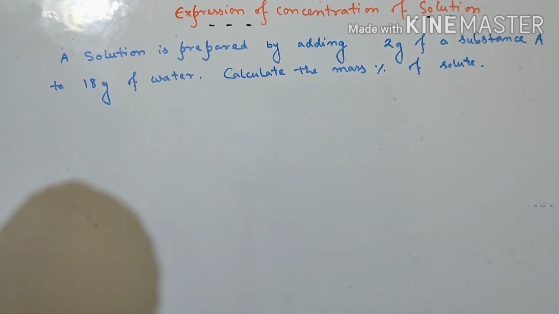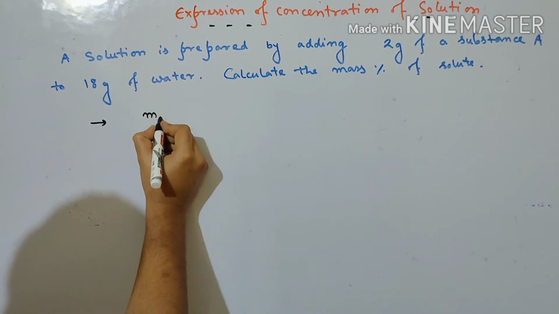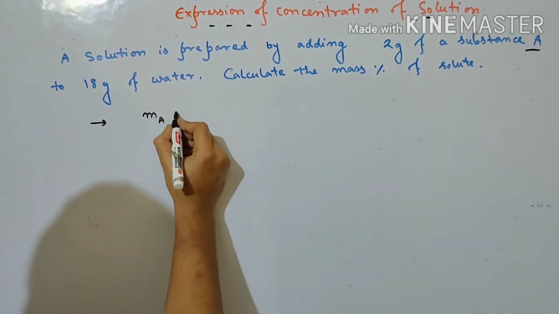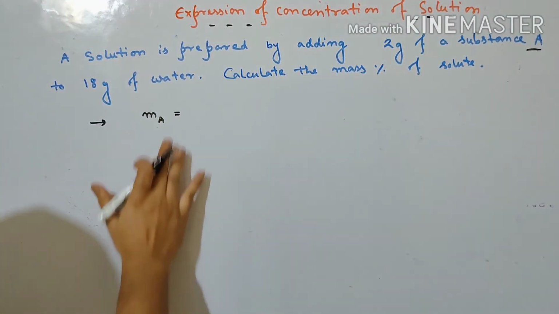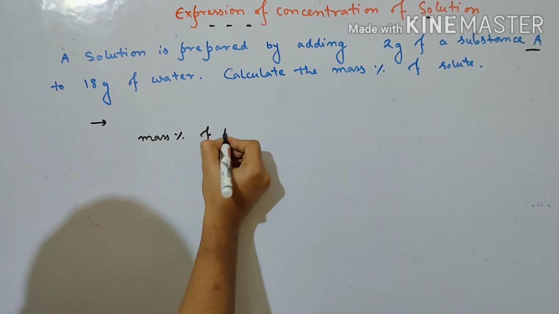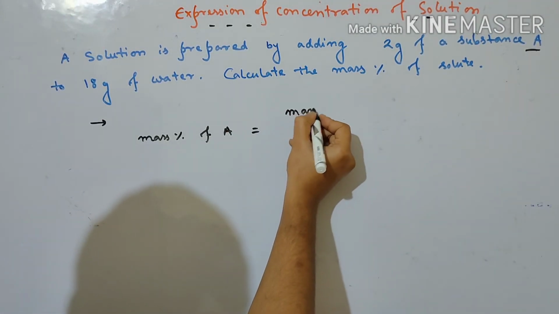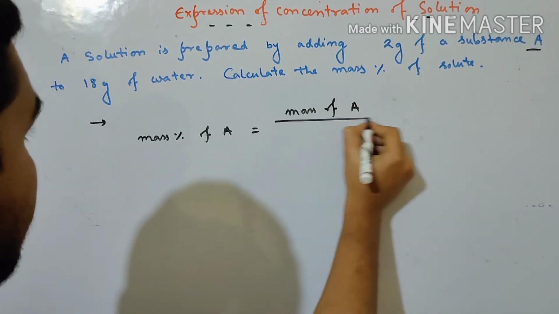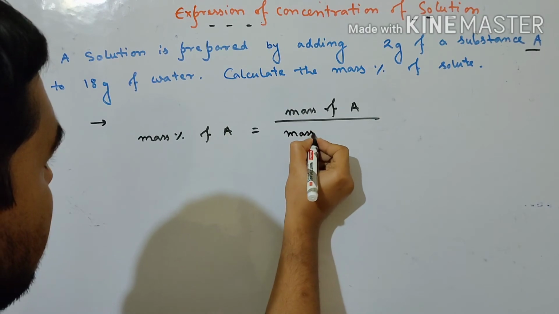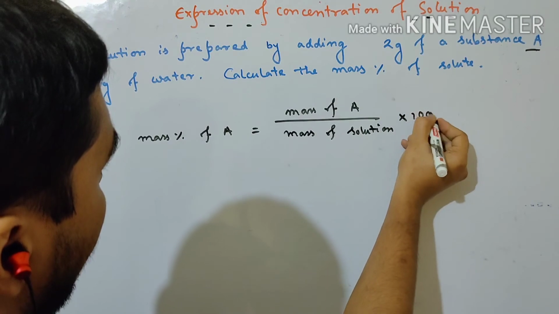So I think the answer will be very easy, because here you see mass percentage of A. Suppose A is solute, it is given already. Mass percentage of A should be written as mass of A divided by total mass, or you can write mass of solution, into 100%.